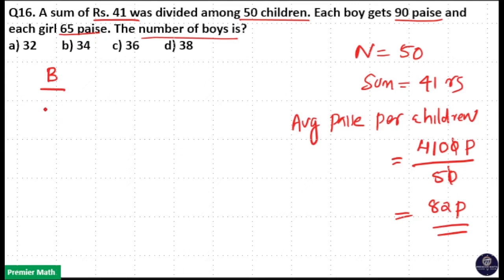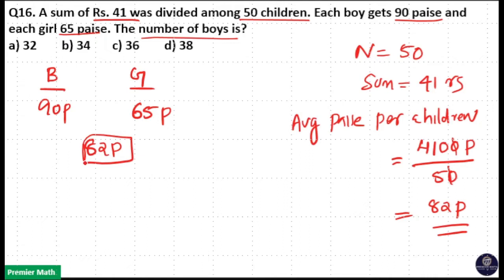Here each boy gets 90 paise and each girl gets 65 paise and on average each child gets 82 paise. So when you subtract, 90 minus 82 is equal to 8. 82 minus 65 is equal to 17. So 17 is to 8 is the ratio of boys and girls.